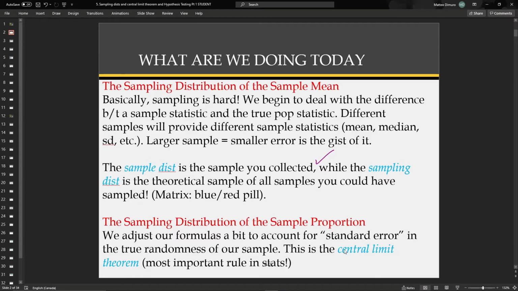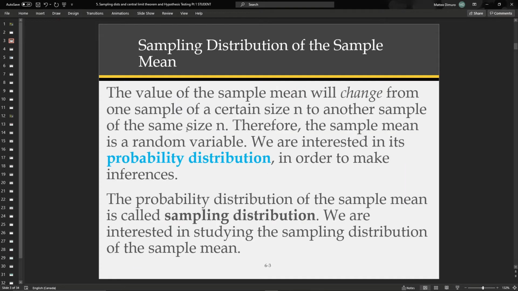Well, this is the central limit theorem. The value of the sample mean will change from one sample of a certain size, n, to another sample of the same size, n. Well, that just makes sense, right? If you sample 10 people for height in Brandon, probably not very realistic, but if you start sampling 1 or 2% of the total population of Brandon, then you might be getting closer.